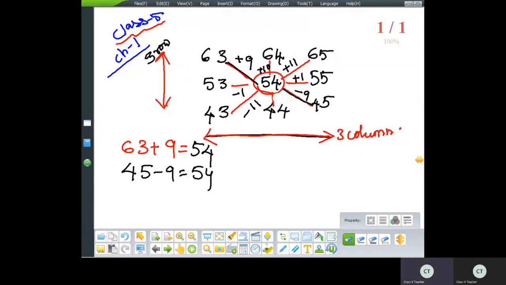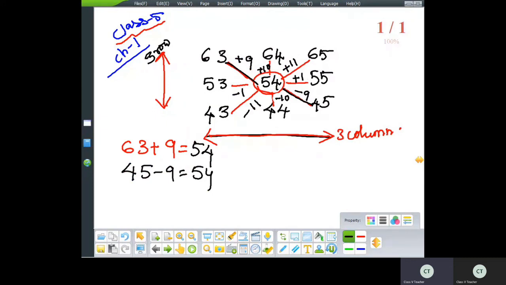So 54 minus 10 will give you 44. Got it, children? So if you do from this side or that side addition means it is automatically understood. From this side it is subtraction.